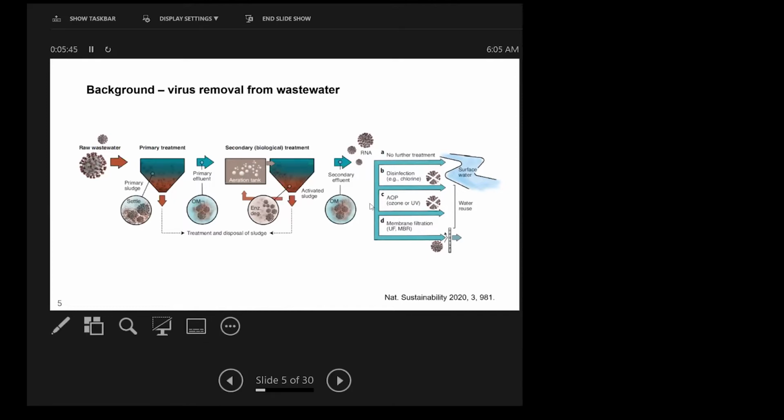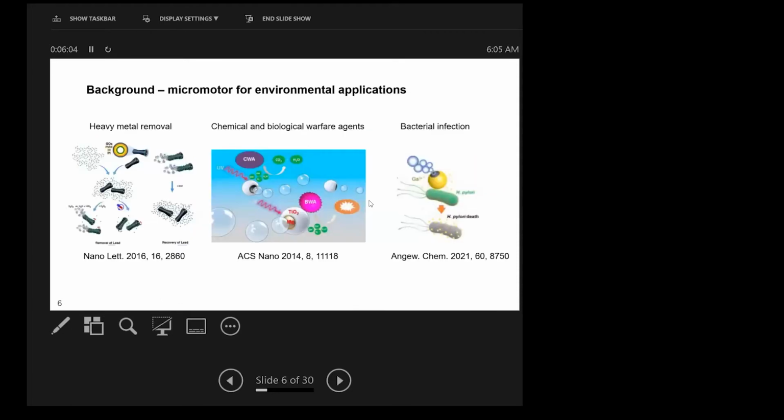Although these conventional wastewater purification approaches are effective in general, it is still necessary to explore new techniques, which need to be easy, fast, and effective in resolving the wastewater contamination of SARS-CoV-2.